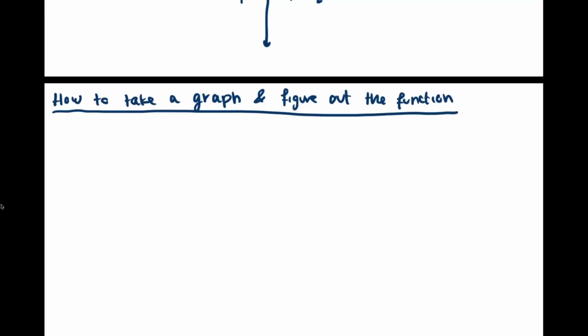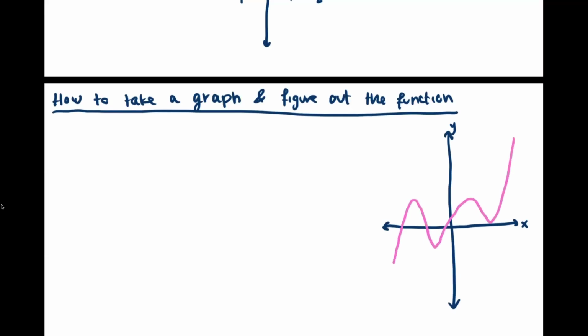And I'm going to start with a picture, so we have an example to work alongside. So this is my Cartesian coordinate plane, here's the x's and here's the y's. And I'm just going to draw some random squiggly thing. Okay, so let's say this is the graph of some function.